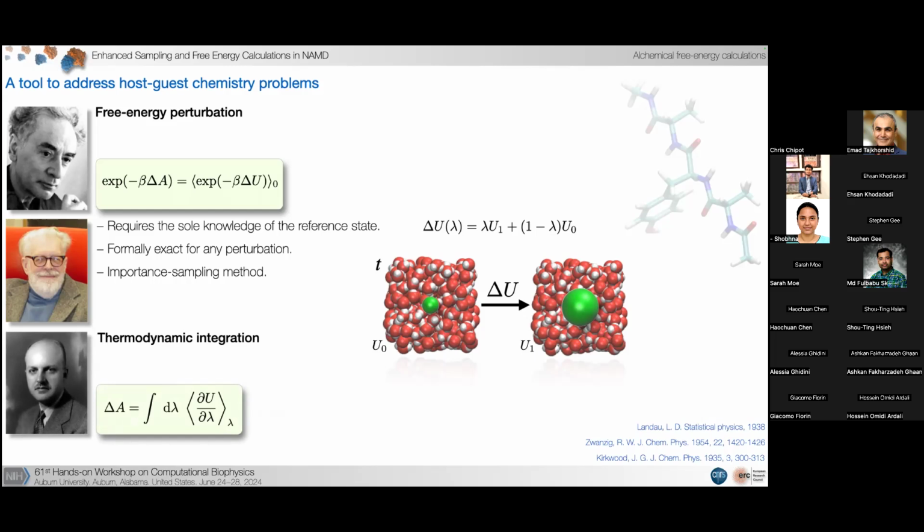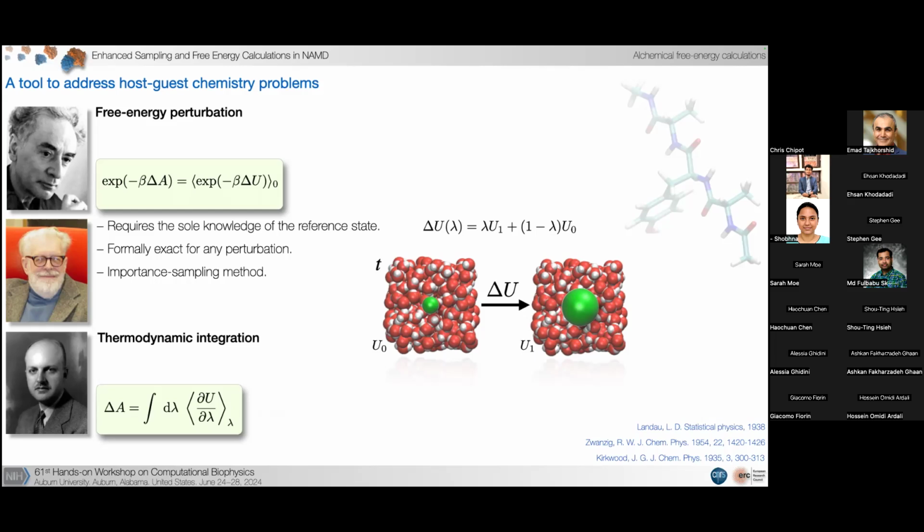What we calculate here is a derivative of the potential energy with respect to this coupling parameter that takes me from U0 to U1, from state 0, from the reference state to the target state. You can see that as a force, actually, if you think of lambda as a coordinate, as a Cartesian coordinate.